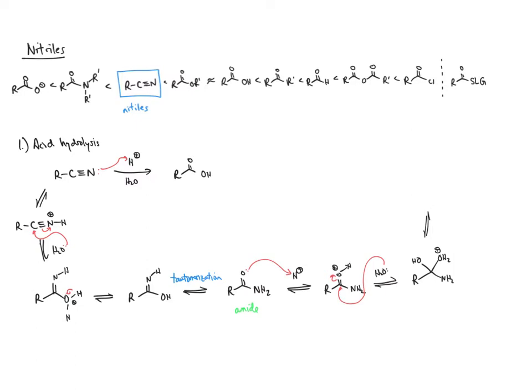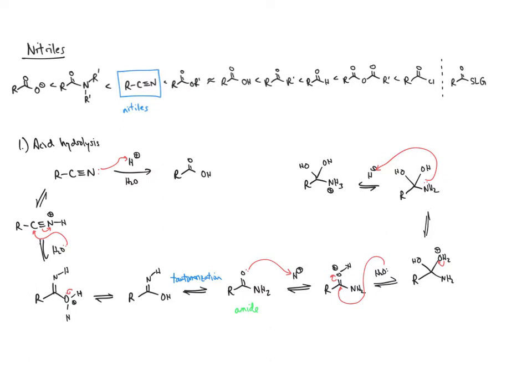This tetrahedral intermediate is going to become deprotonated. It's going to give us a neutral species. That neutral species is then going to pick up a proton, this time on the amine, so that the amine is going to become now the better leaving group. And so we're going to have a tetrahedral intermediate that looks like this.